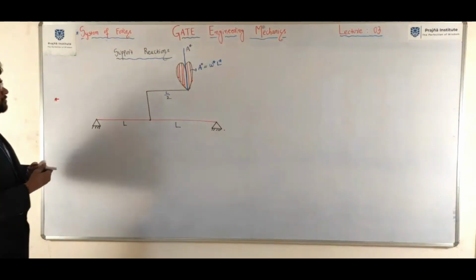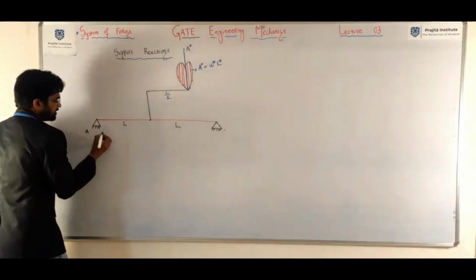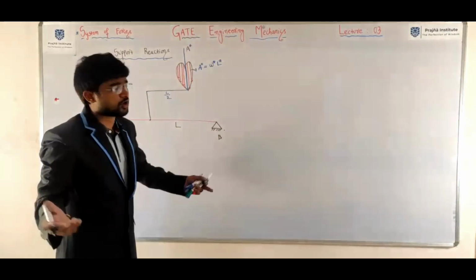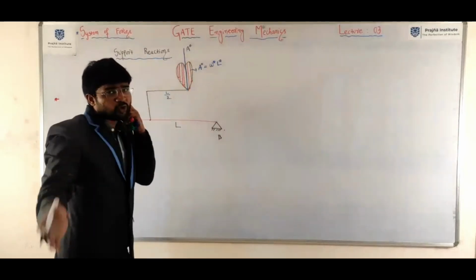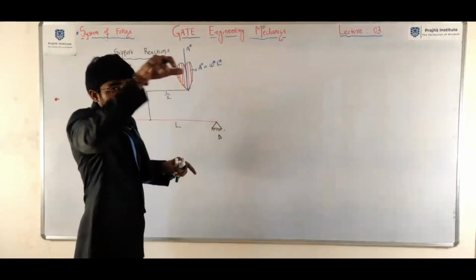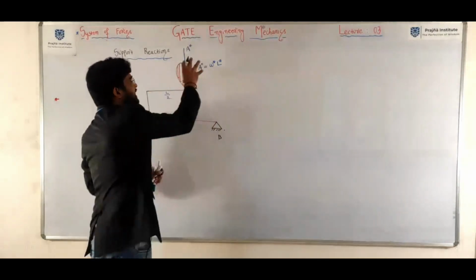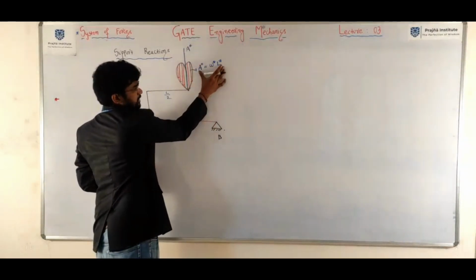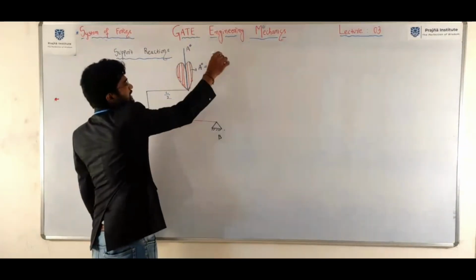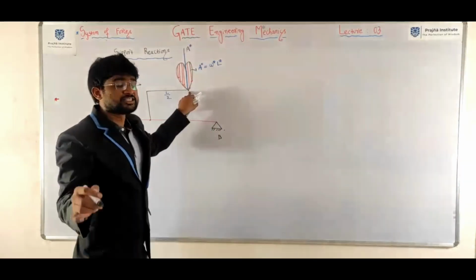Now how to determine the support reactions? See here, nothing wrong in that. This is one type of loading condition, nothing wrong here. So total load is acting at this point. We calculated total area of the diagram, that is A star equal to W star into L star, given in the question. Now, total area we need to replace by acting at the centroid.